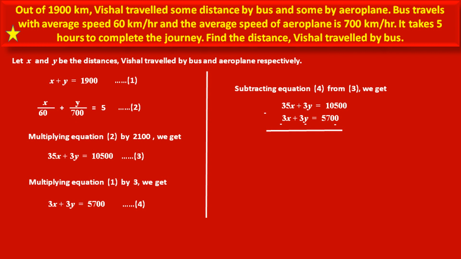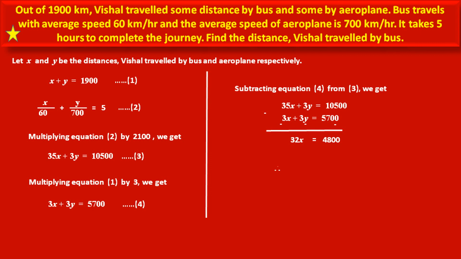Now see, after subtraction we get 35x minus 3x, that is 32x. Terms of y eliminate, means they cancel each other. So 32x is equal to, on the right hand side, 10,500 minus 5,700, that is 4,800.